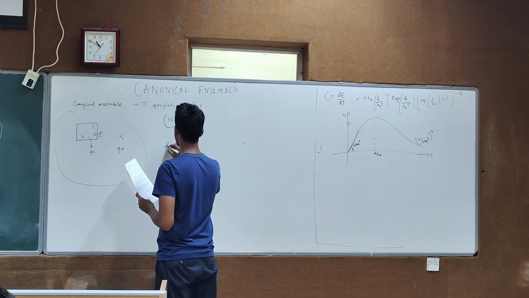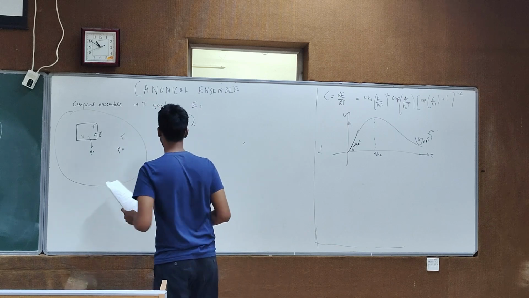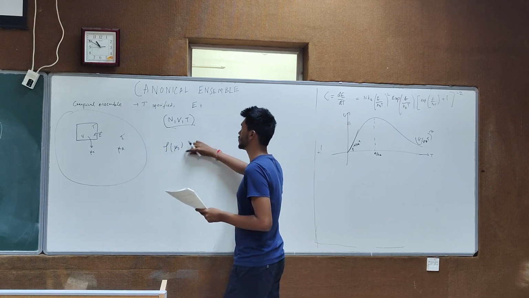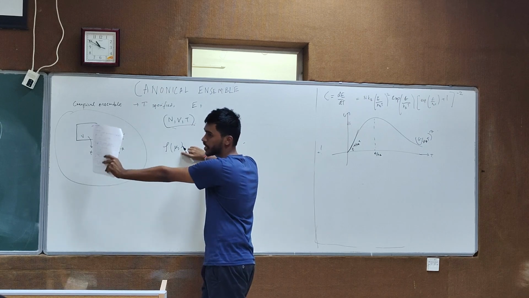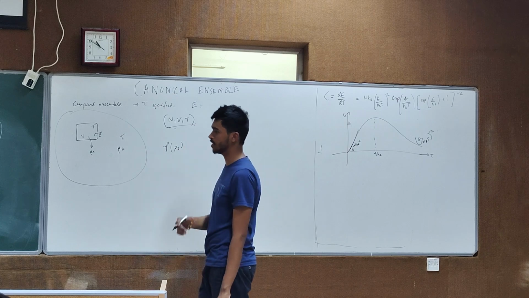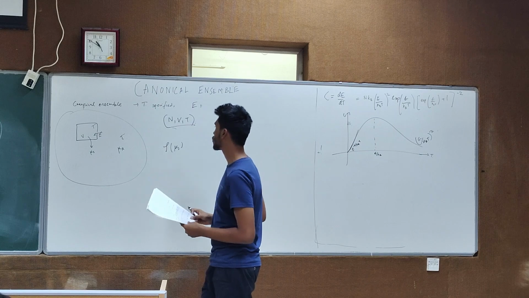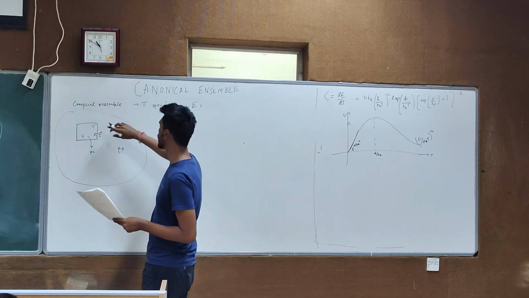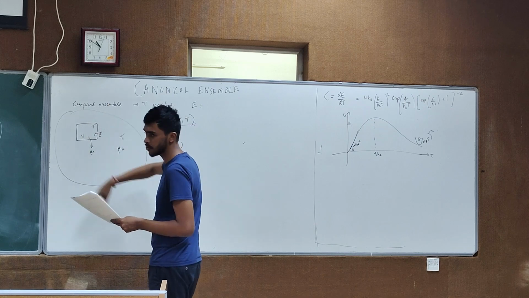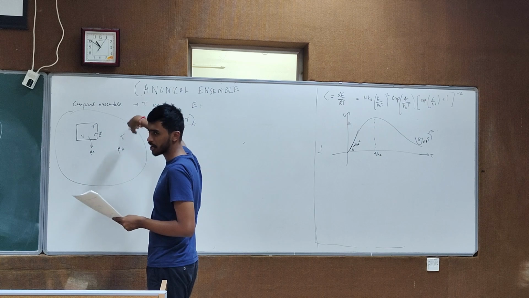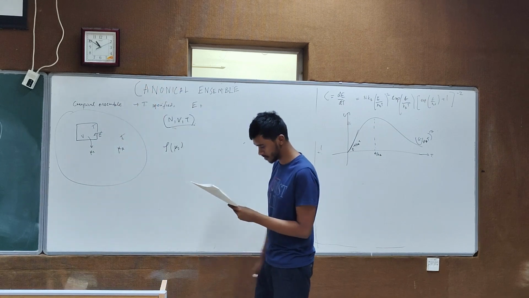So we need to find the probability rho of μs for the system. For a given microstate, what is the probability of the system being in that microstate? Just like we did for the microcanonical ensemble. We know that the system plus the reservoir totally is a microcanonical ensemble because there's no energy going out of this.